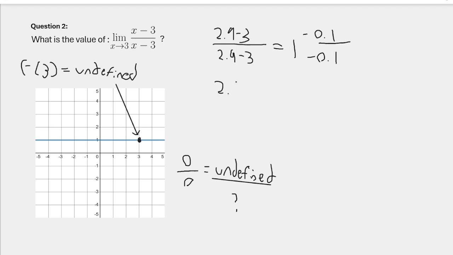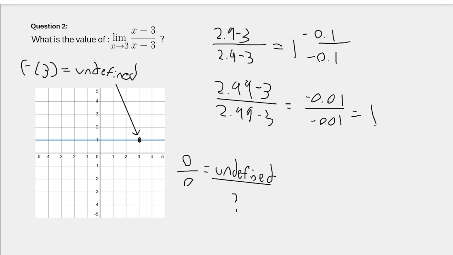And if we were to try 2.99 minus 3 over 2.99 minus 3, that just gives us negative 0.01 over negative 0.01, which is once again equal to 1. This is just reusing the same technique we used earlier. We're getting infinitely close to 3, and we keep winding up with 1.